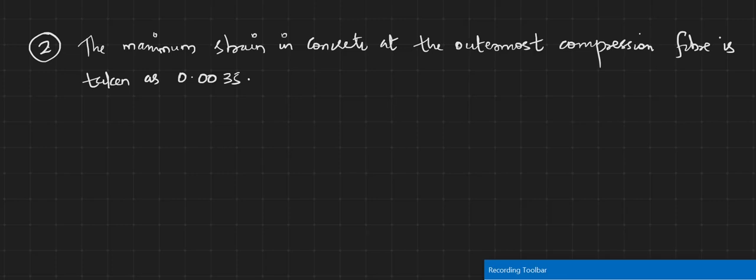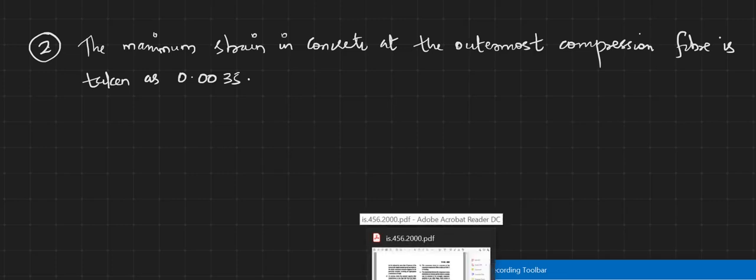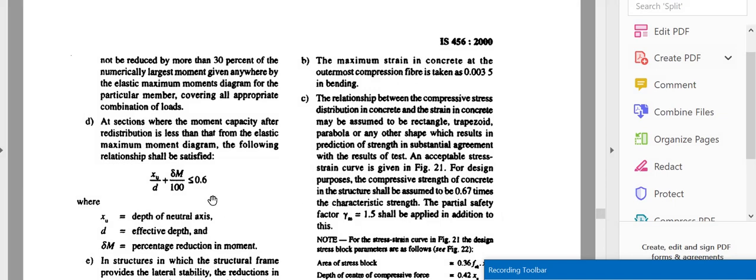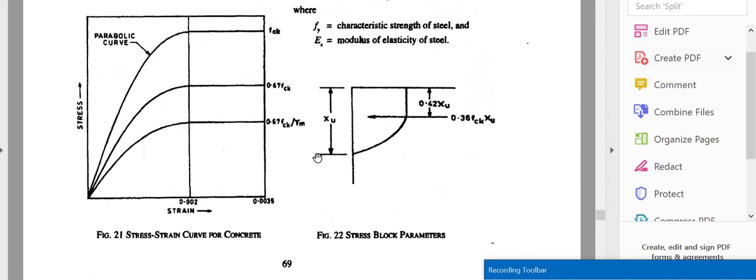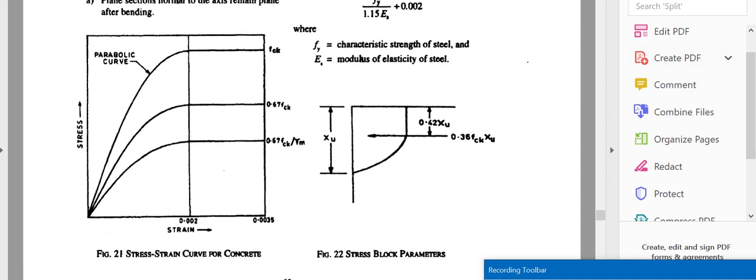Now the third assumption, you can see from IS 456, is that the stress strain relation in concrete is assumed to be a rectangular parabola as shown in figure 21. We have discussed this in detail.